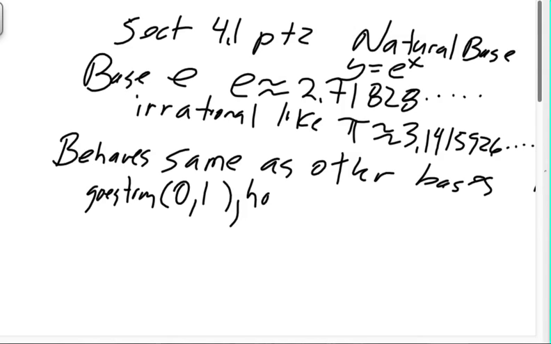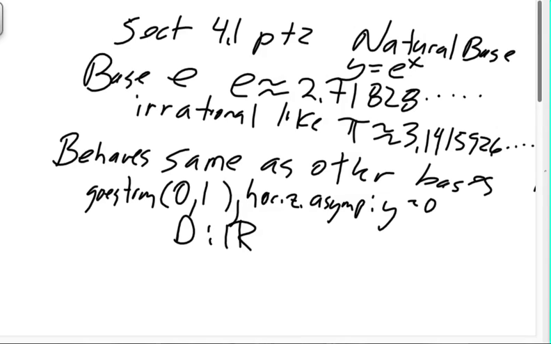It's got a horizontal asymptote at y equals 0. Domain is going to be all real. Range is going to be y bigger than 0. However, e to the 1 is just e.